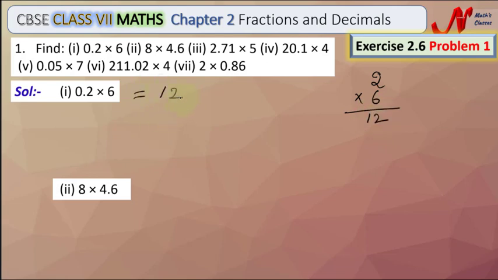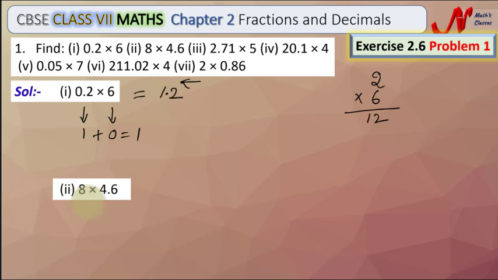To find the position of the decimal, first we find the number of digits after the decimal point. In 0.2 there is 1 digit after the decimal point. In 6 we do not have any digit after the decimal point, so together we have 1. So from right to left we keep the decimal point after 1 digit.